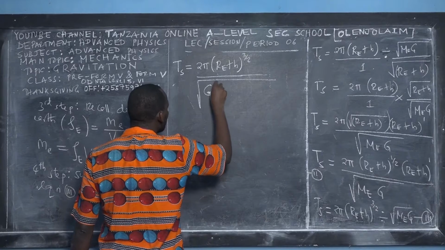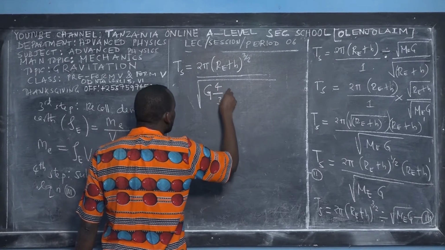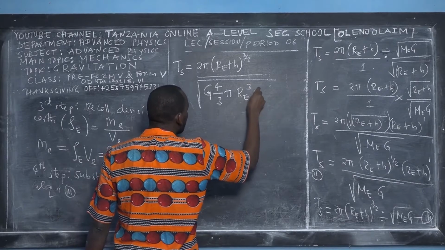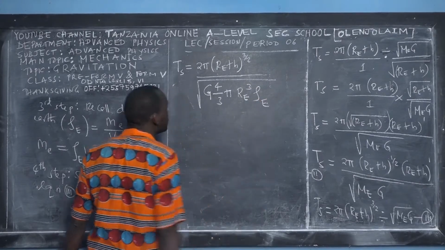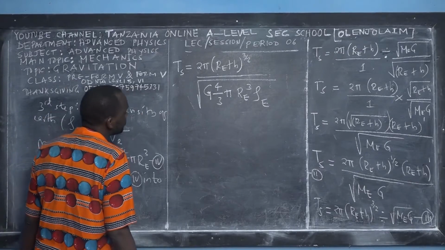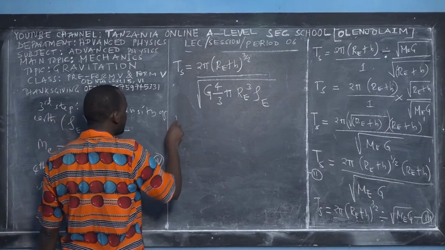Mass of S is 4/3 pi R cubed times the density of S. Right? So now we can rewrite it properly.